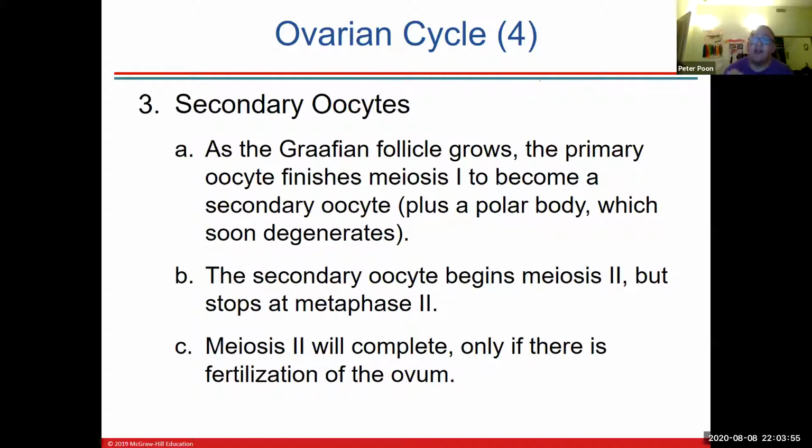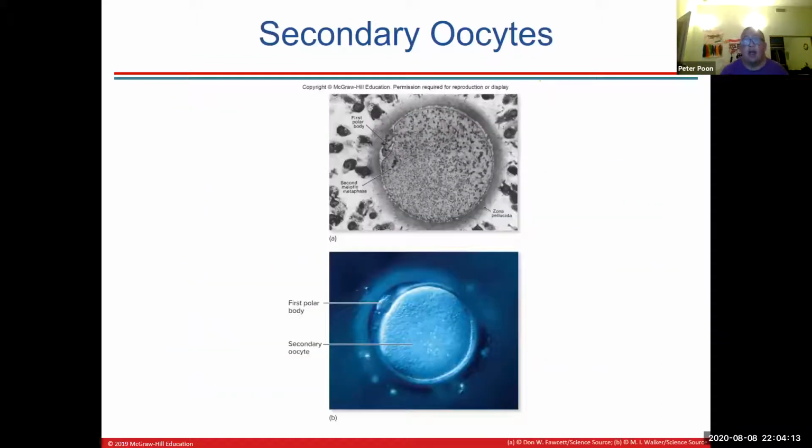The secondary oocyte begins meiosis 2, but it stops in the middle of metaphase, which means all the chromosomes are lined up in a row. It stops right there, right in the middle of meiosis 2. So you can see the secondary oocyte here, and you can see the useless little polar body there.